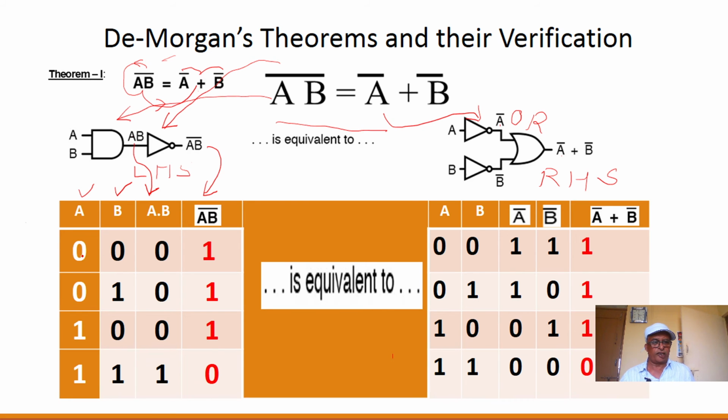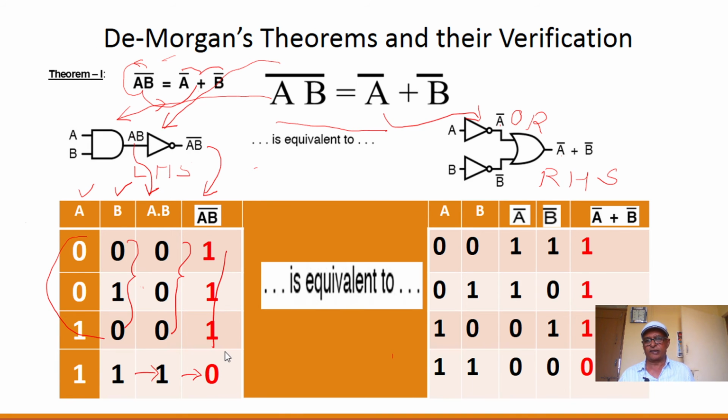If we do the multiplication, for the first three cases the product is 0, and if we take complements we get output 1 for all these cases. For the last case the product is 1 and its complement is 0, so we get the output as 1 1 1 0.